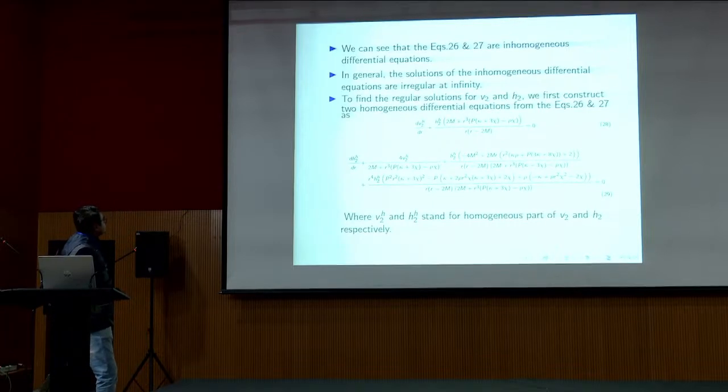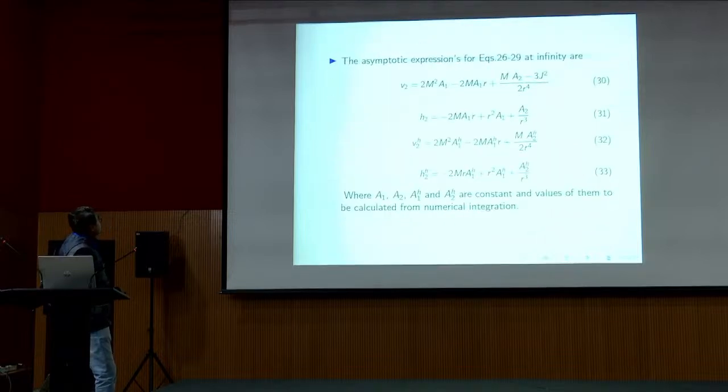To get these homogeneous equations, we will get equation numbers 28 and 29, and from there this H represents the homogeneous part, and by putting that we will get this value of V2, H2, this is the perturbation part, and then equations 30, 31, 32, 33.